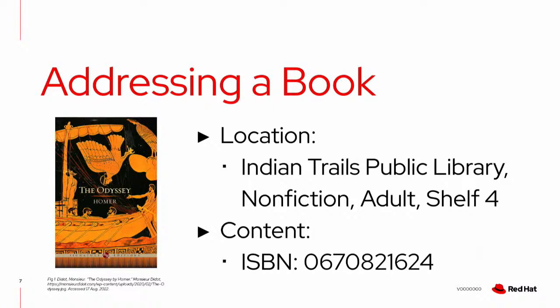If you're addressing a book, let's say you want to check out the Odyssey, right? You'll go to the library and they'll tell you, oh yeah, you can find it in the nonfiction section in the adult area on shelf 4. That's great because it's very humanly readable, but where it falls down is if you actually go there and someone moved it, maybe a librarian put it back on shelf 5, you're going to be searching shelf 4 and you're not going to find it.